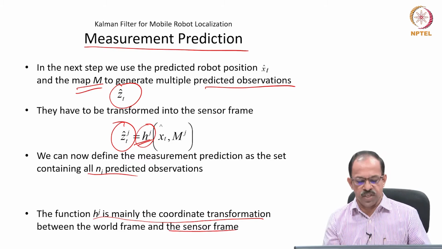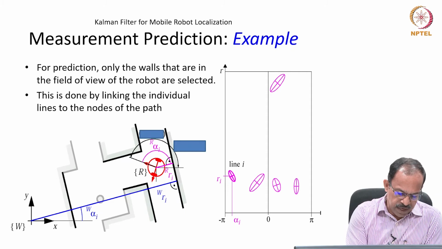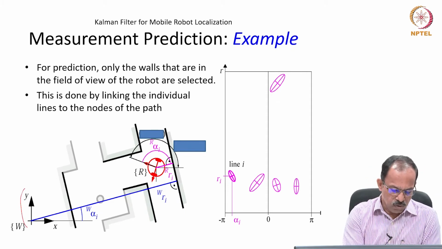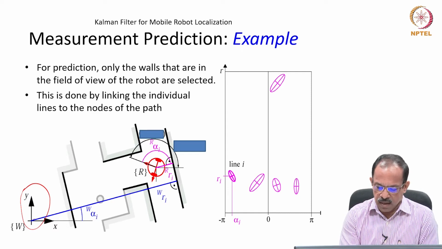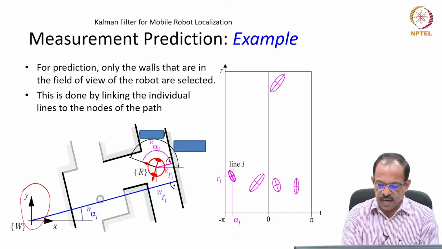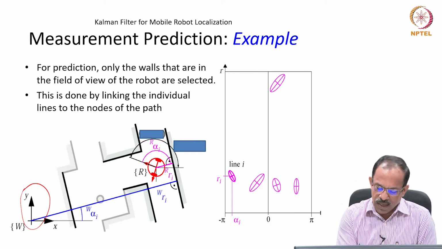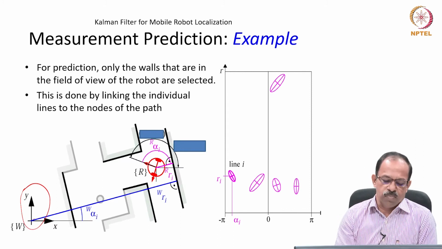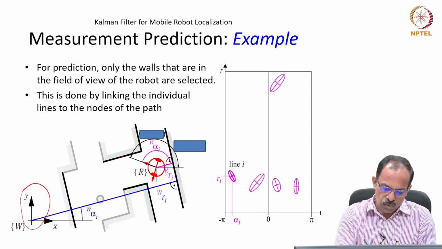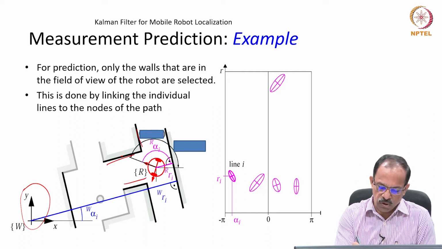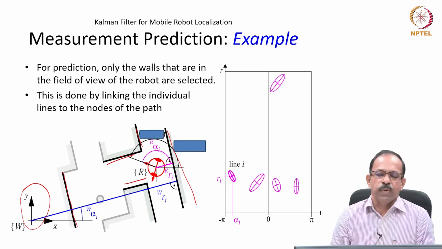That is the Hj. In this particular case, W is the world frame. So, you have this world frame, and the features are given like this. Each one of these features can be given like this. Now, we convert that into the sensor frame and see what features the robot is supposed to see. You will see that all those lines which the sensor actually saw are there, but in addition it says that this wall is also supposed to be seen by the robot.